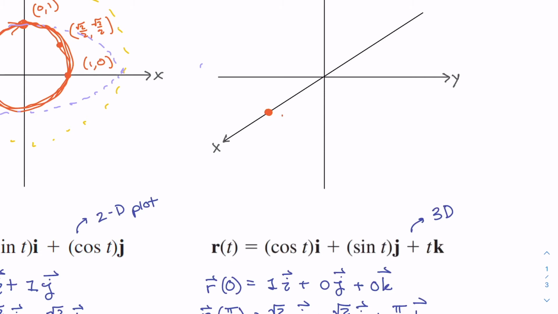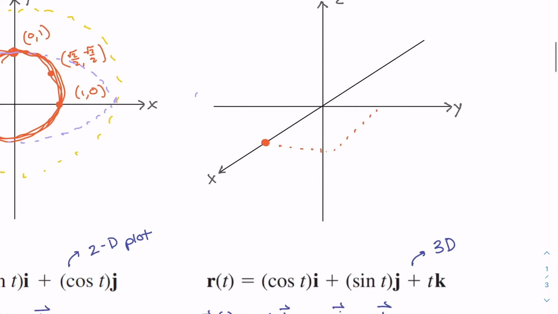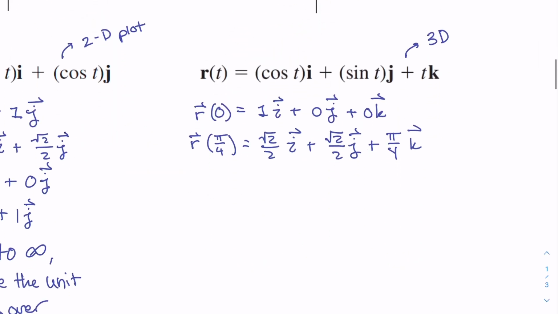So we have this and this. That's our square root of 2 over 2 in both x and y. And then we get pi fourths in the k direction. So we go up however much you think pi fourths is. So like maybe that much. And so we can connect those smoothly like that. So now let's try pi halves.